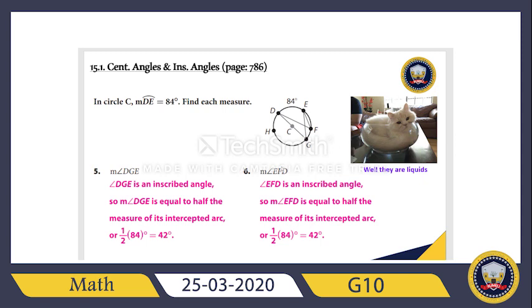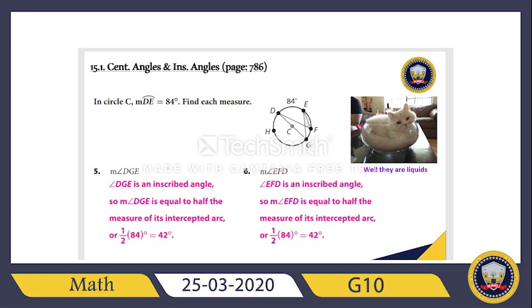Now what about the angle EFD? Someone can say the same thing. This is 84 for the intercepted arc, and this is an inscribed angle, so this will be half of 84 degrees, which is 42.